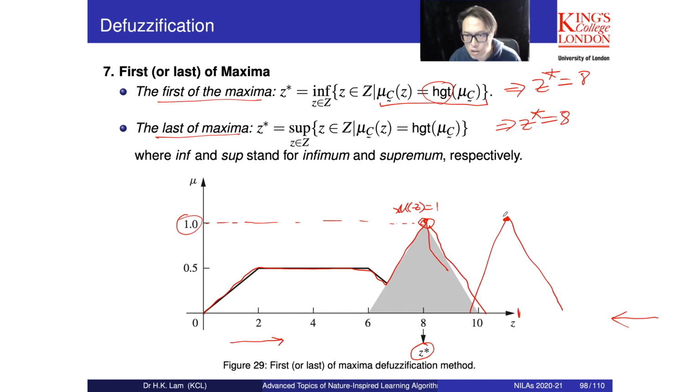Now assume that we have a membership function another bit right here, so the envelope is something like that. We have 2 points. If we scan from the right, and these 2 points have the same value, say 1, then this point will be the z star if we apply the last of maxima.